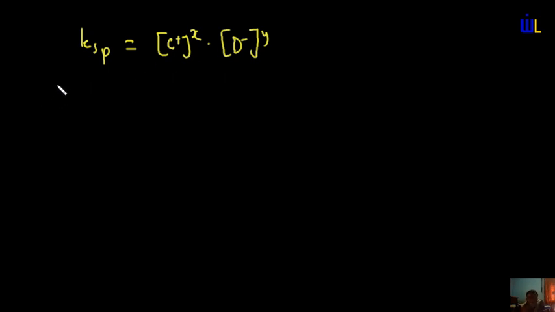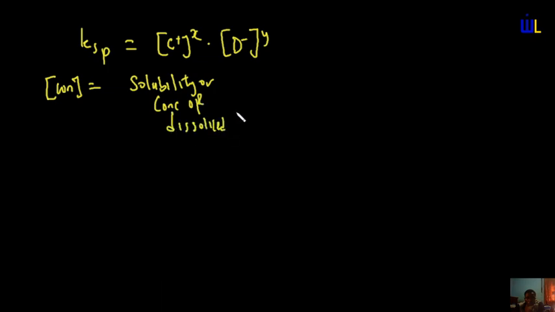Now, imagine for instance you are asked to find the concentration of a cation. The concentration of any ion simply equals the solubility, or the concentration of the dissolved substance, multiplied by the number of moles of the ion.